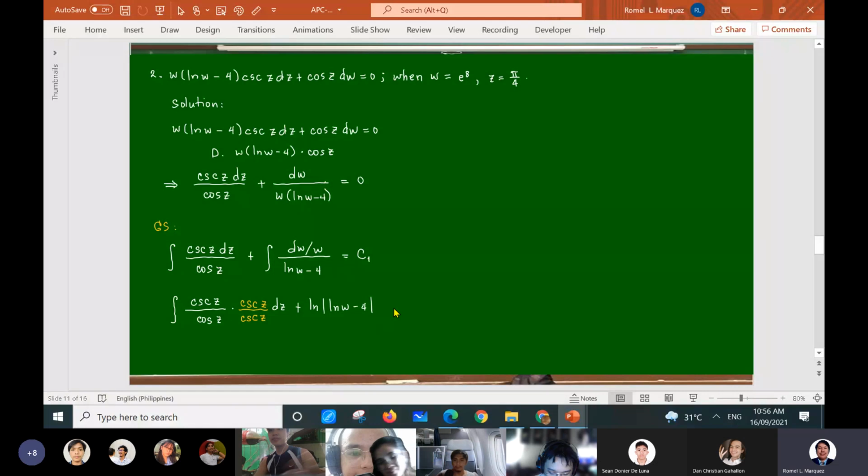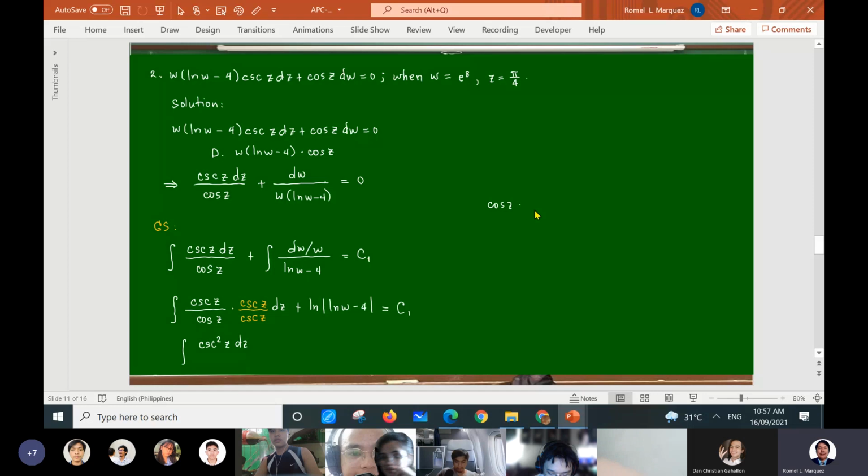What about the second, this remaining integral? So cosecant times cosecant, that is what, guys? Cosecant squared z. What about the denominator? What is cosecant? When multiplied by cosine, that is cosine times what? Times 1 over sine. Am I right? Cosine z times cosecant.